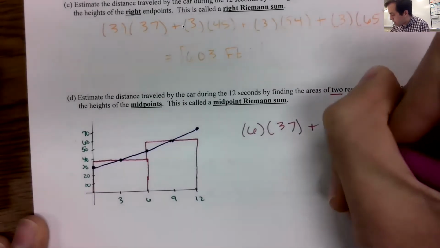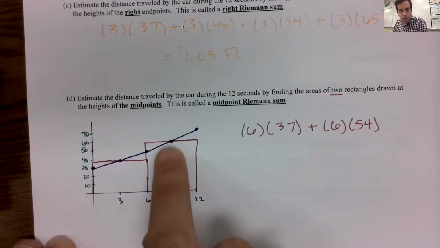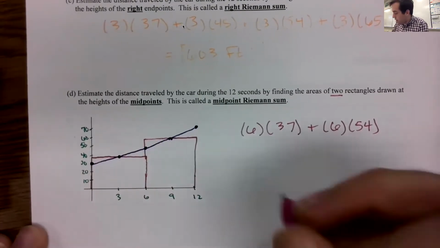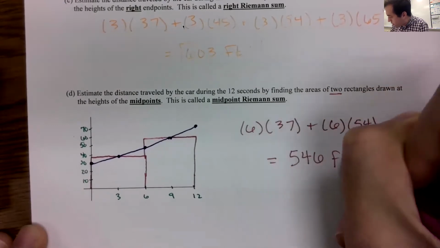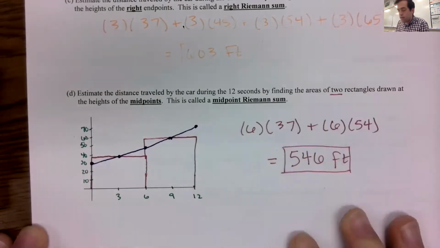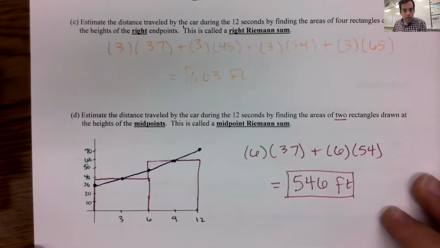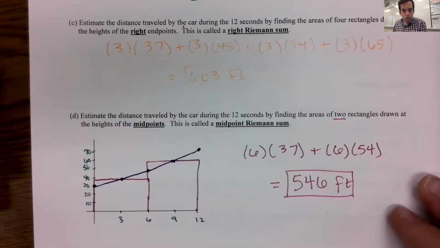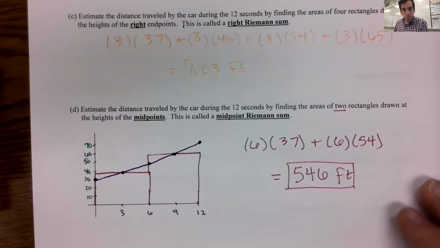And the other one has a height of 54, which was the y value for x equals 9. And this is going to give us a total of 546 feet, which is between the first 2, which makes sense because it's not really much of an over or under approximation. It's probably not perfect because this is an approximation, but it's pretty close.